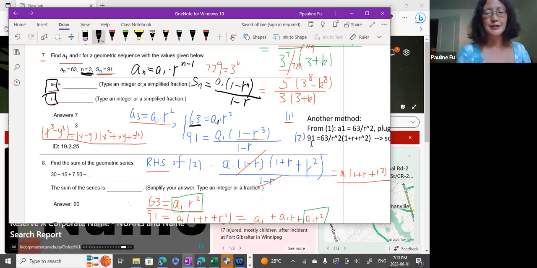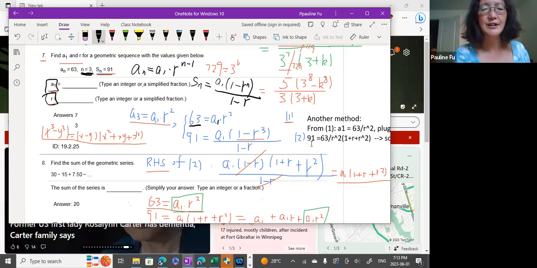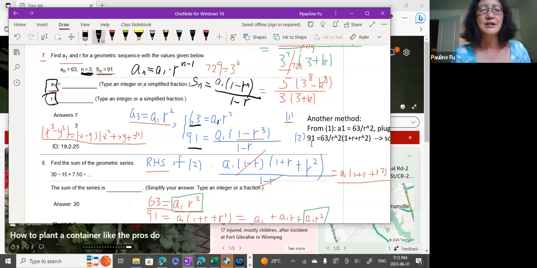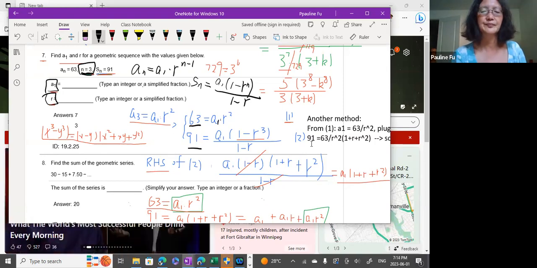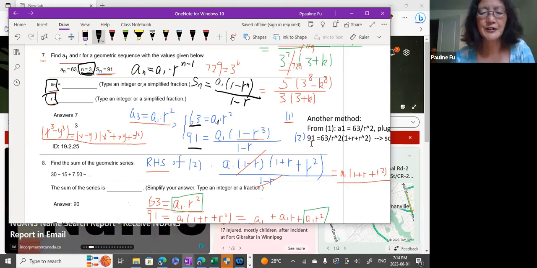So this is this formula, and it said Sn equal to 91. So you plug in Sn equal to 91. So 91 equal to A1 times 1 minus R raised to power 3, N is 3 given here. Okay. So any questions so far?